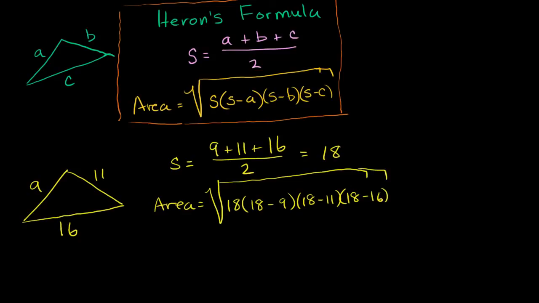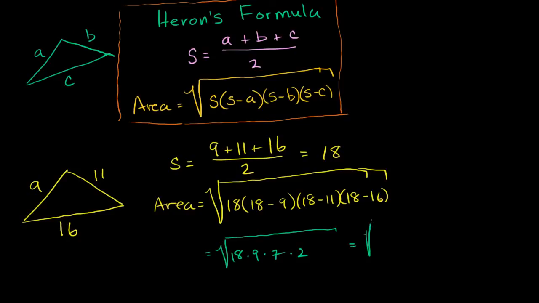And then this is equal to the square root of 18 times 9 times 7 times 2, which is equal to, let's see, 2 times 18 is 36. So I'll just rearrange it a bit.